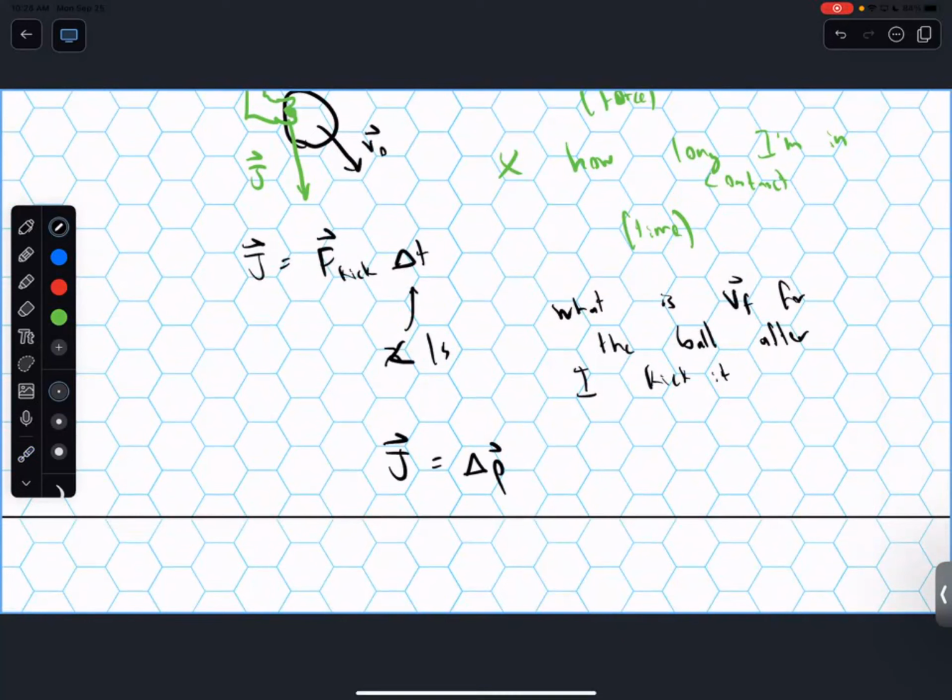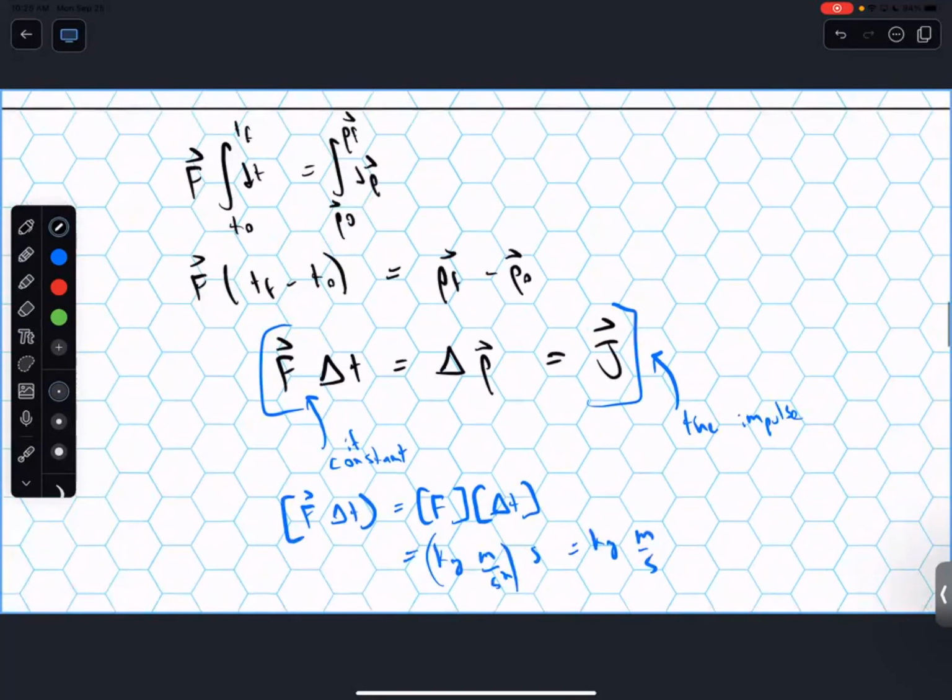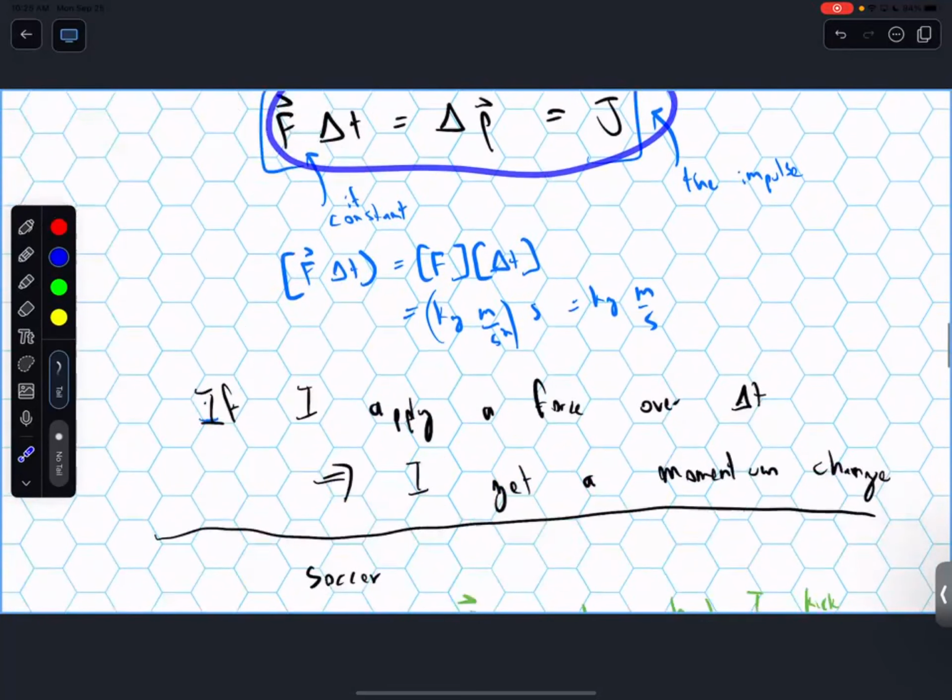So the change in the ball's momentum, delta p, is pf minus p naught. And J is going to here correspond to my kick. So if I say that I kicked this at some F kick, and I was in contact with the ball for delta t, I'm going to set that equal to pf minus p naught, where I'm just using, again, this formula. Okay.